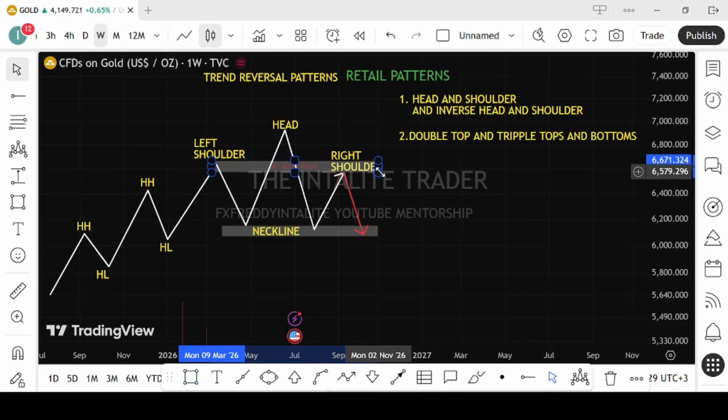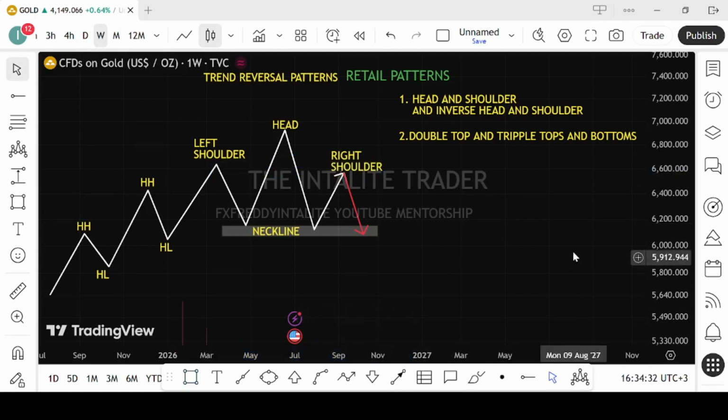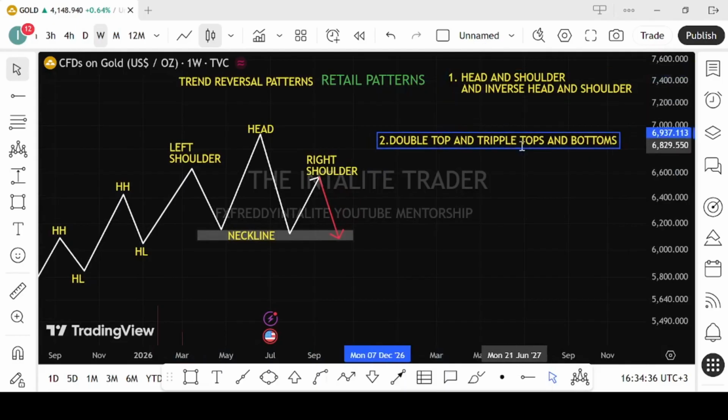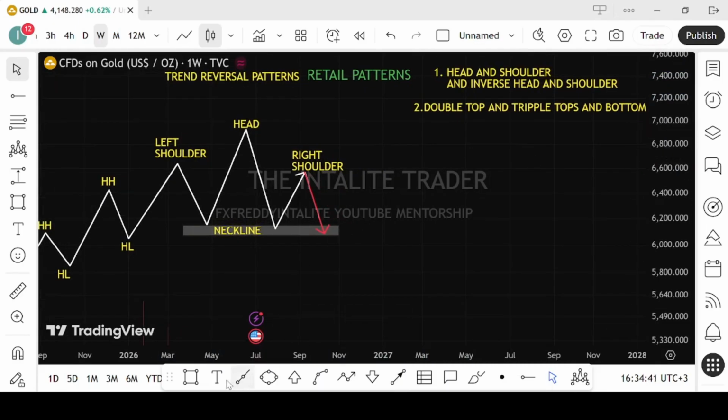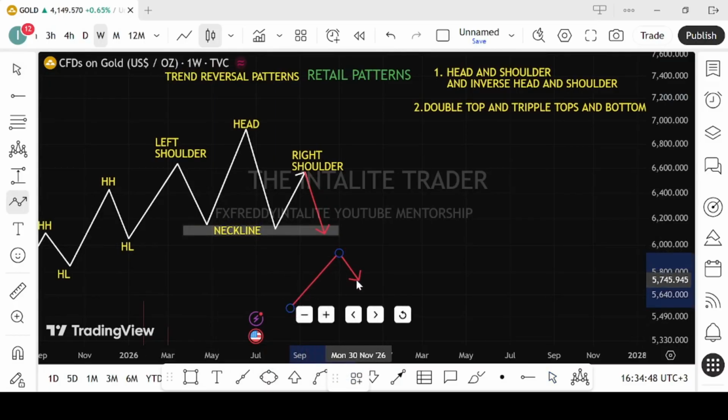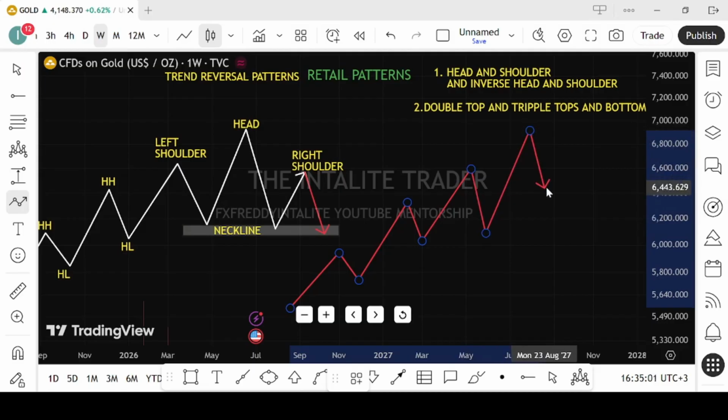But there are others that are not going to meet such requirement. Let's say, for example, you can have price coming like this, it moves up, you have a higher high, a higher low, a higher high, a higher low, a higher high, and then price comes, it gives a higher low, it gives you a higher high, and then it comes, it gives you equal lows here.